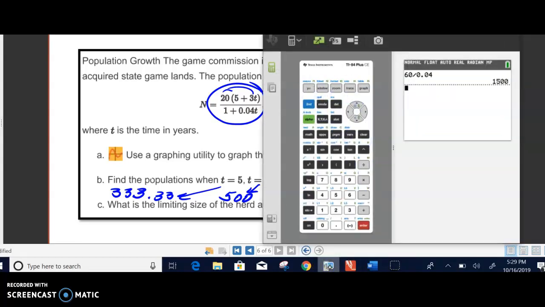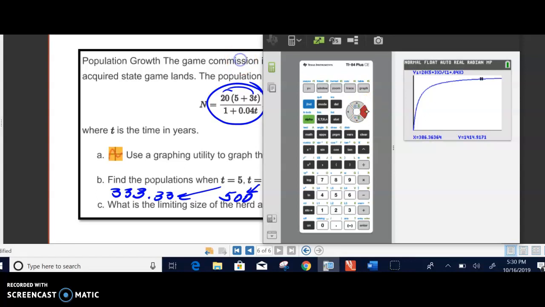If I went back to my graph and went with my window and made my X max a little bit bigger, like 500, and if I traced along to the right, those Y values should be getting closer and closer and closer to 1500.